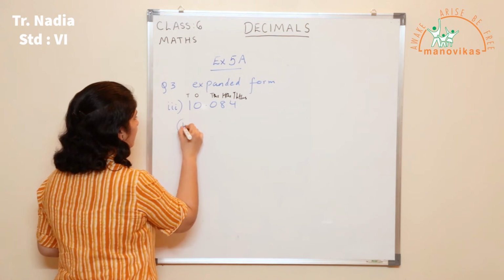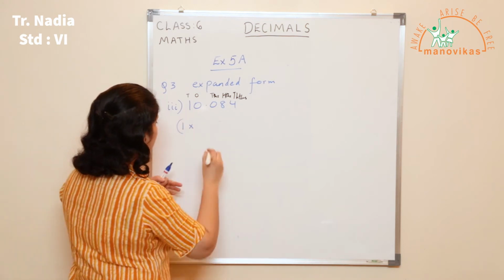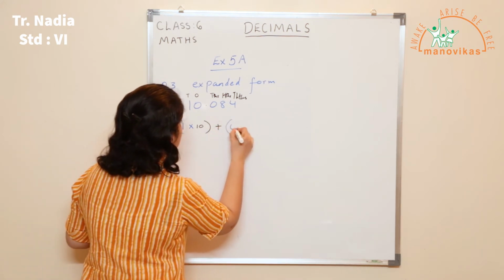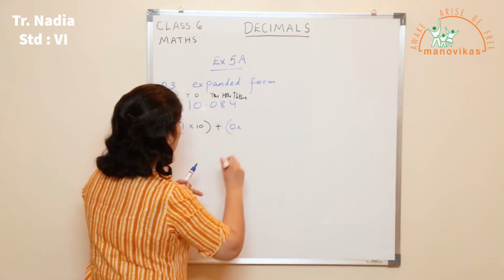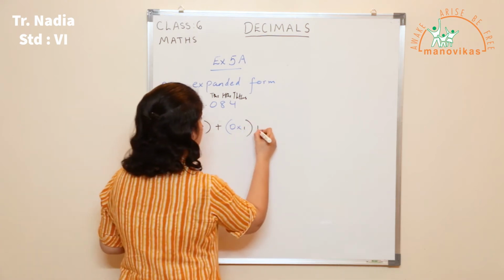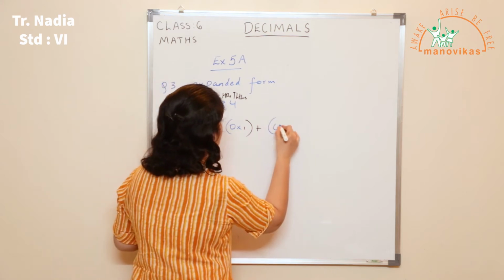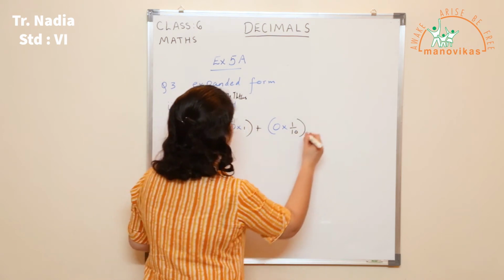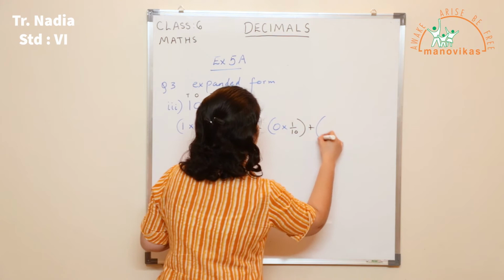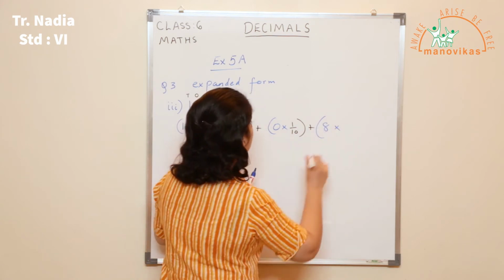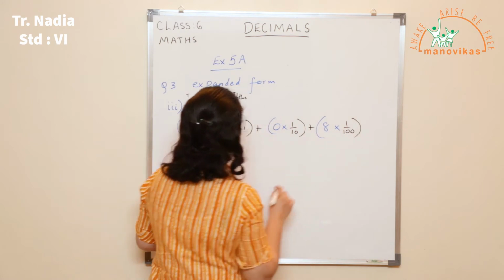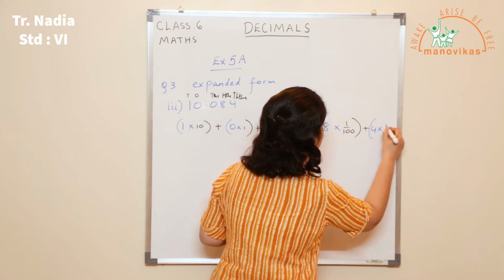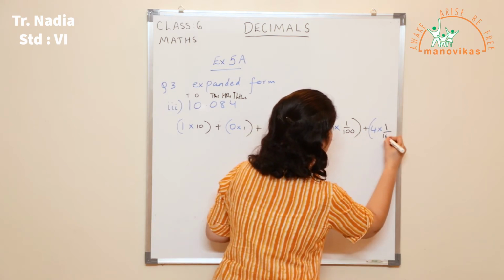So I'll begin. 1 multiplied by 10 plus 0 multiplied by 1 plus 0 multiplied by tenths, so 1 upon 10, plus 8 multiplied by hundredths, so 1 upon 100, plus 4 multiplied by 1 upon 1000.